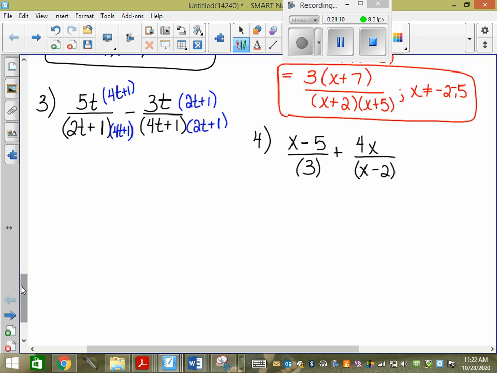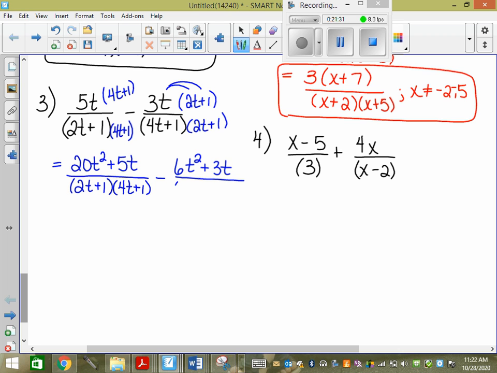So we're going to get 20t squared plus 5t over 2t plus 1, 4t plus 1, minus 6t squared plus 3t over 2t plus 1, 4t plus 1.